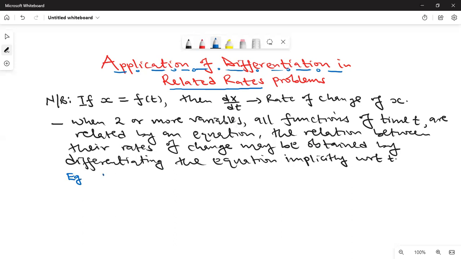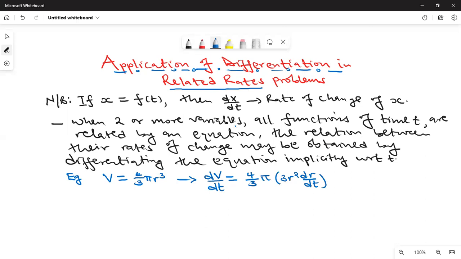If you know that volume V is equal to 4/3 pi r cubed, where 4/3 is a constant and pi is also a constant, and I want to differentiate this with respect to t on both sides, we will have dV/dt is equal to 4/3 pi times the derivative of r cubed, which is 3r squared times dr/dt.